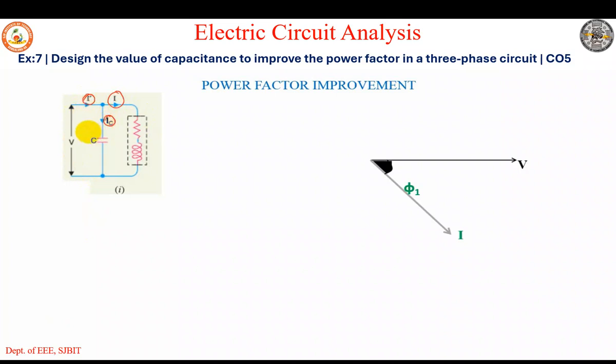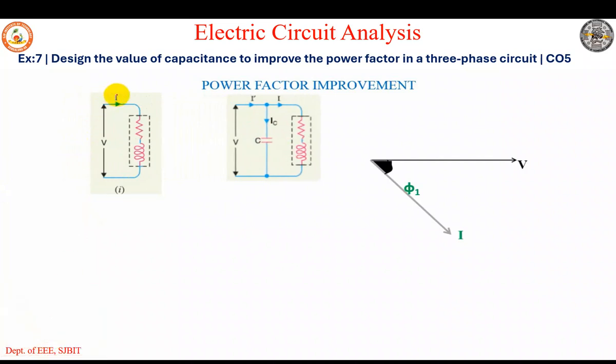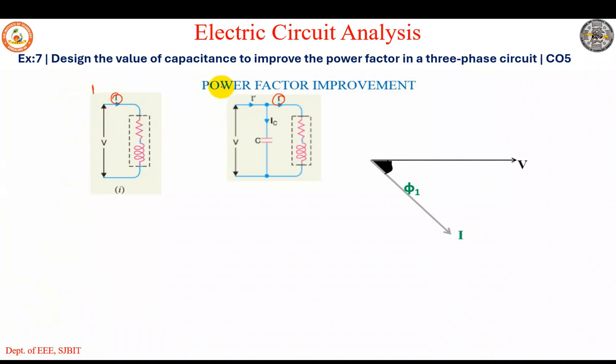Let's understand some concepts based on this circuit now. Current I is the current consumed. In the first case, you had only R and L. In the second case, you have R, L and C, trying to compensate.